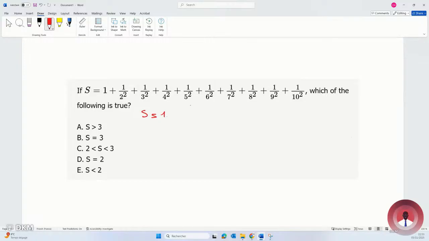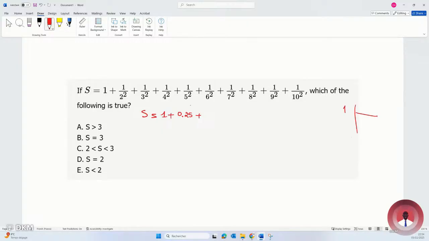So this one is 1, and we know that 1 over 2 to the power 2 is 1 over 4, and 1 over 4 is equal to 0.25. This 1 over 3 to the power 2 is equal to 1 over 9.